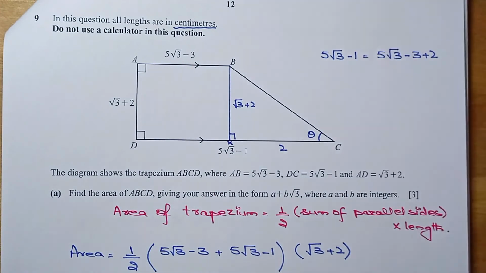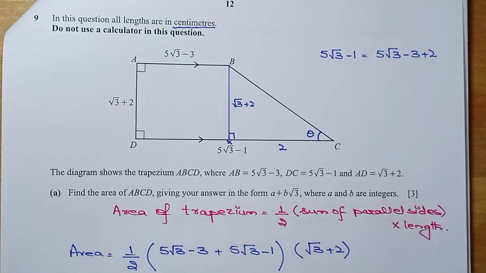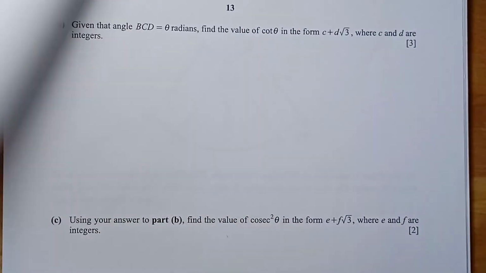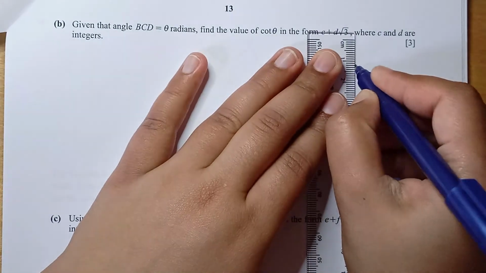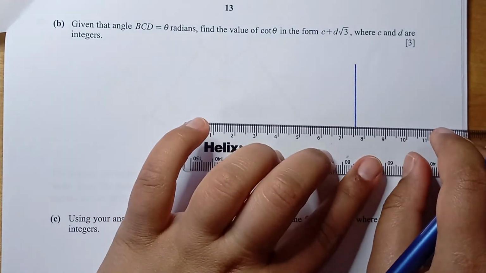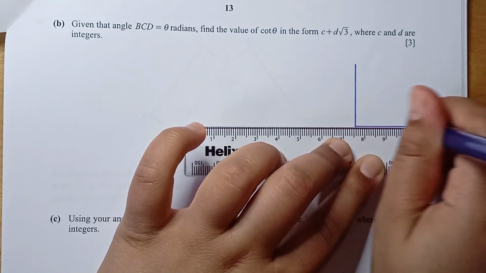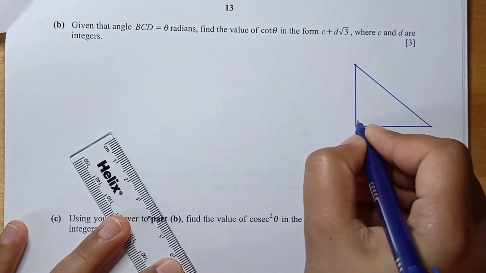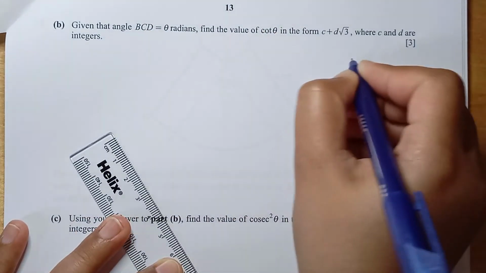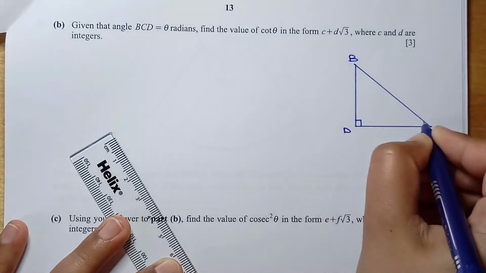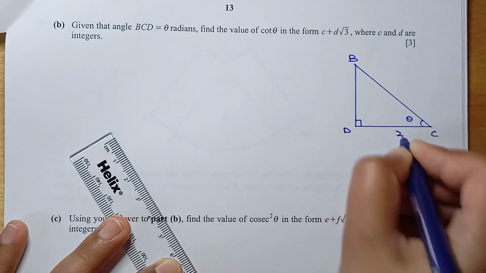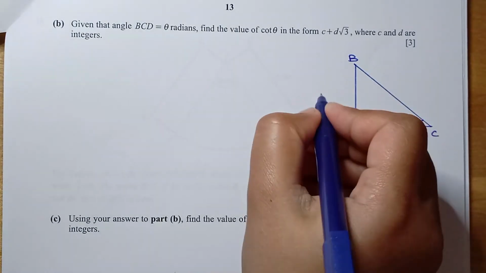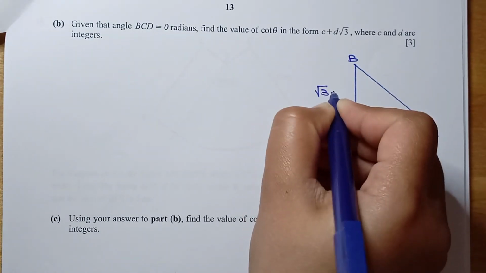Let me draw this separately, that is B, X and C. So it is a right angle triangle. Let's say this is D, the angle D is 90, this is B, this is C, theta radian, this is 2, and this side is square root of 3 plus 2.